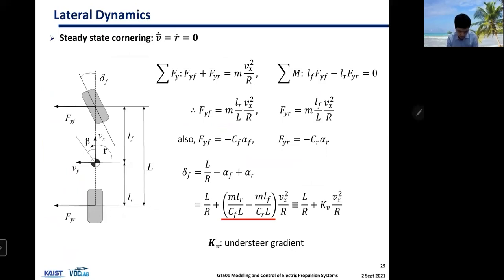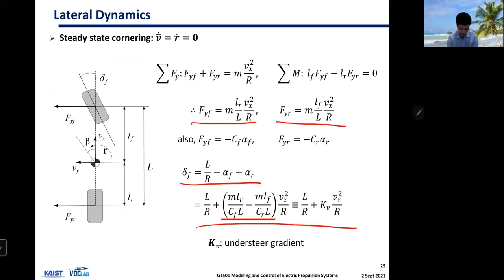Again, I'm not going to go through this in detail, but what is important here is that if you write down this equation and put these force values into the kinematic relationship we derived earlier, this is what you get, and this term is called the understeer gradient.